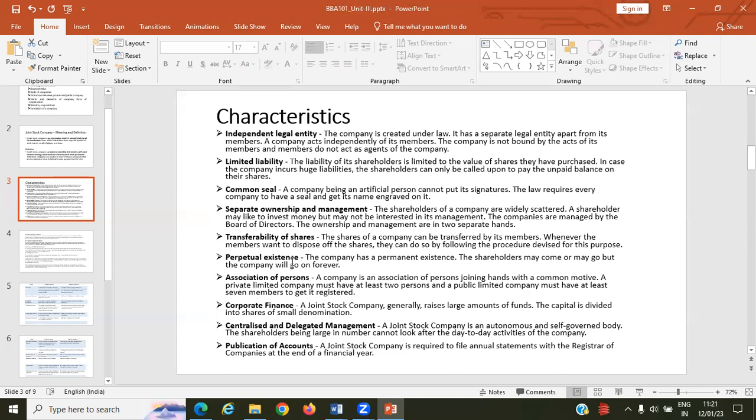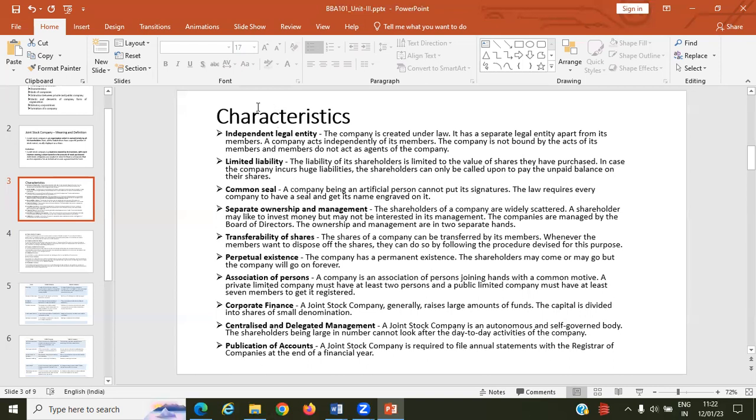The only thing is the company cannot breathe, but it has assets, liabilities, loans, bank balance, cash, it acquires everything. So a company is an independent legal entity. Legally it is a person. This is one important thing.